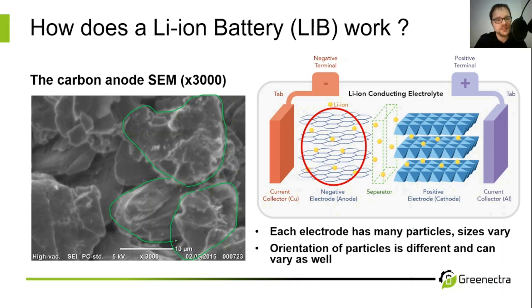And last but not least, please look at the electron microscope picture on the left side. You see there's also a lot of space in between the particles. So we have some room. It is a porous material, and it's good that it's a porous material because it's nicely soaked with electrolyte within a real battery.